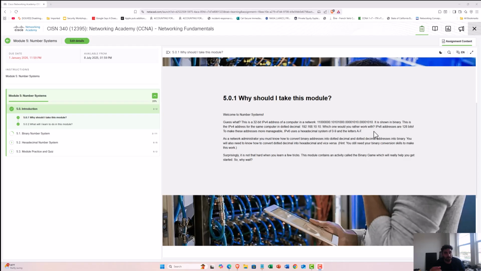Hexadecimal, on the other hand, every digit is going to be represented by one of 16 characters.